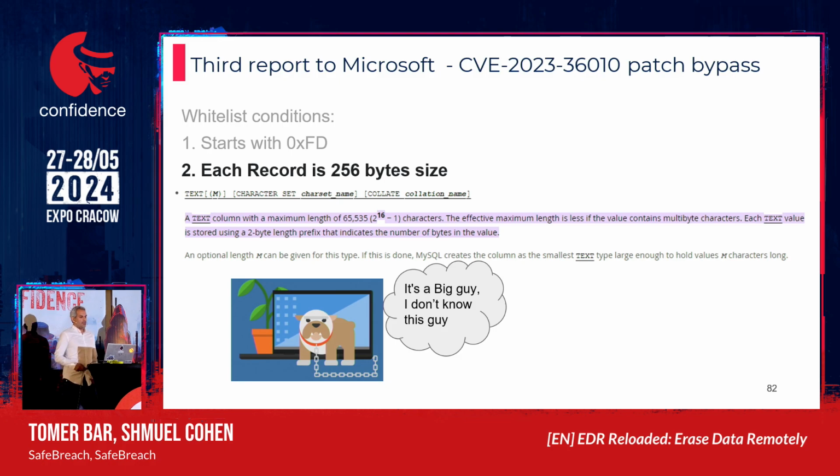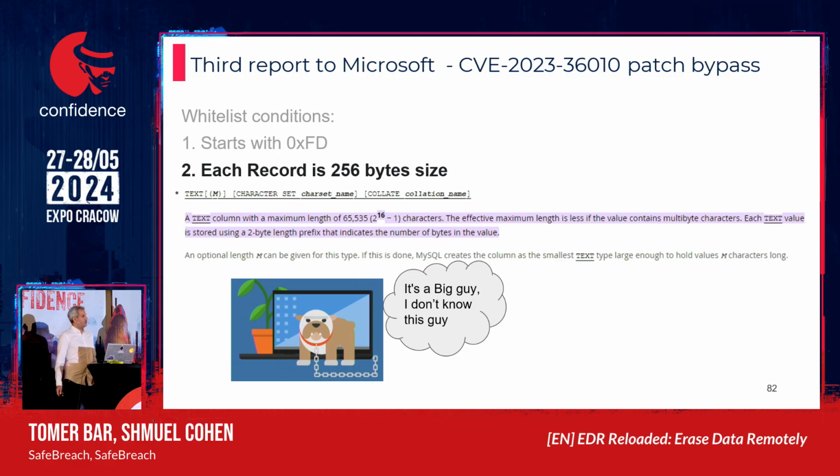Of course, we don't have control over the first byte of the database, so we focused on the size of a record. The default length value of a textual field is 256 bytes, but it's not true for any database that uses non-default textual field lengths. According to the MySQL manual, a text field can reach a length of up to 65,000 bytes.